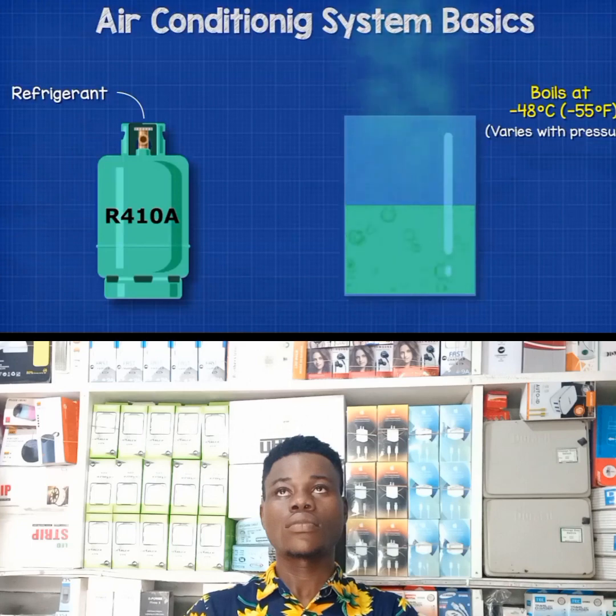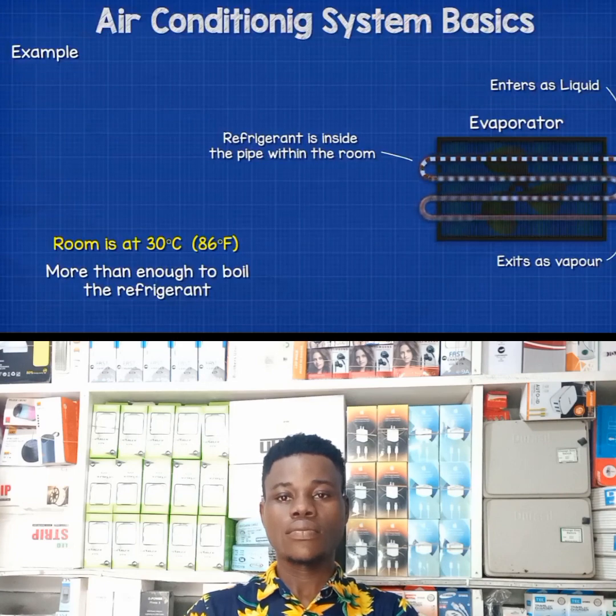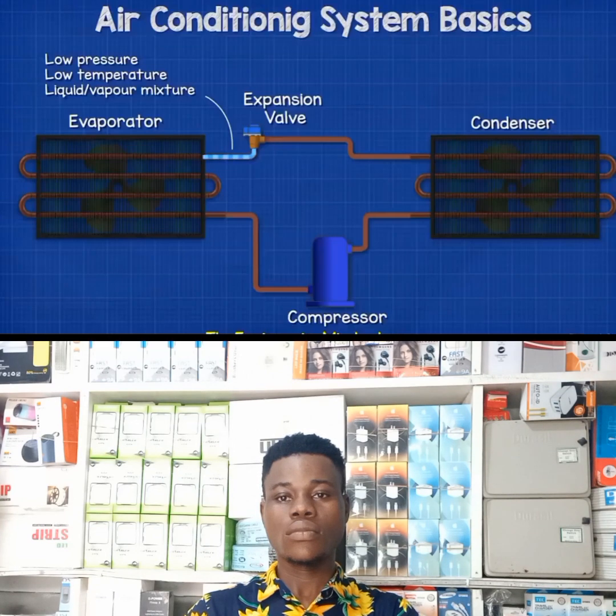But if the refrigerant is inside a pipe within a room, and the room is at 30 degrees Celsius or 86 degrees Fahrenheit, then this will be more than enough to cause it to boil from a liquid into a vapor. So the refrigerant is entering the evaporator as a low pressure, low temperature liquid vapor mixture.